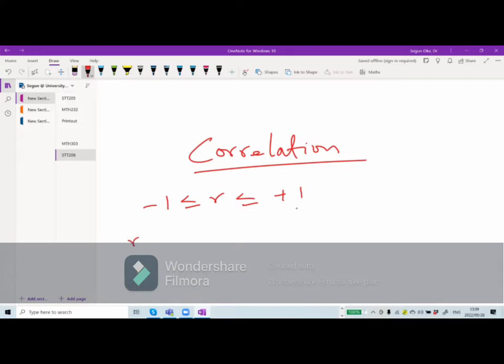When R is equal to +1, we have perfect positive correlation. When your R is less than +1.